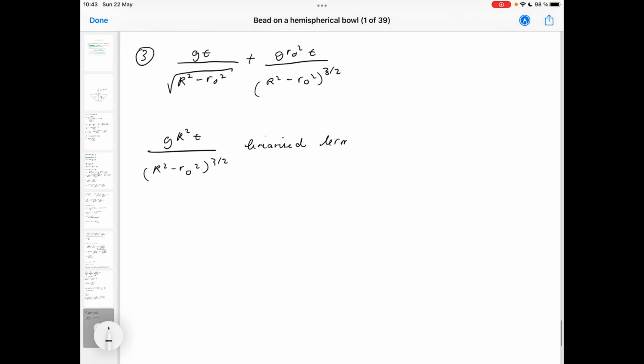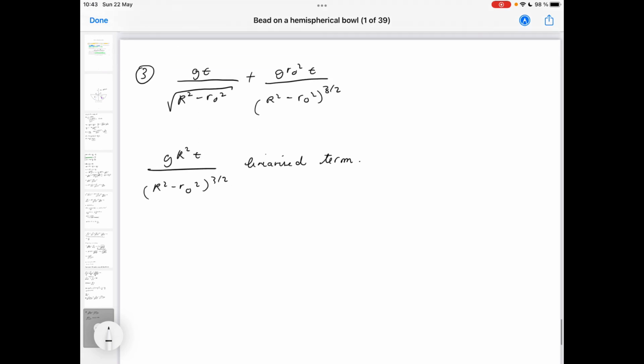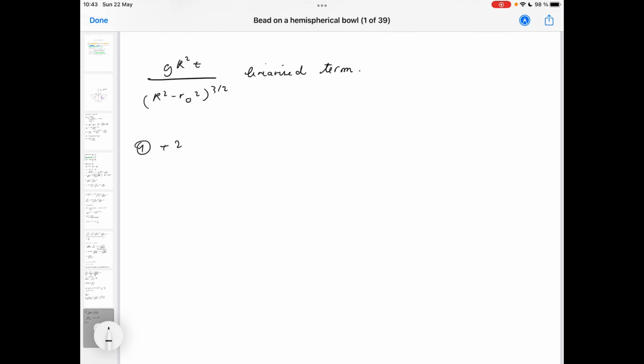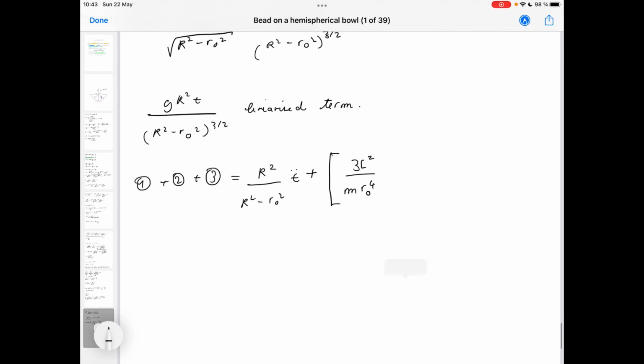So now we have a linearized equation, right? We can just do 1 plus 2 plus 3, and that's going to be equal to R squared over (R squared minus R naught squared) epsilon double dot, plus 3 L squared over m R naught to the 4, plus g R squared over (R squared minus R naught squared) to the 3 halves, times epsilon equals 0.